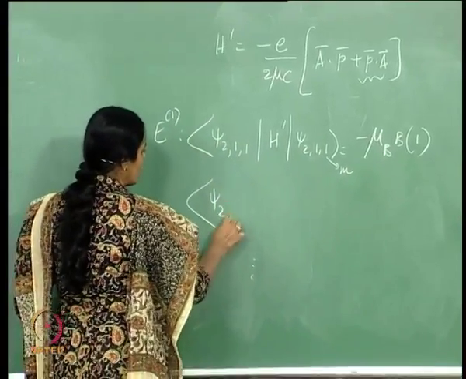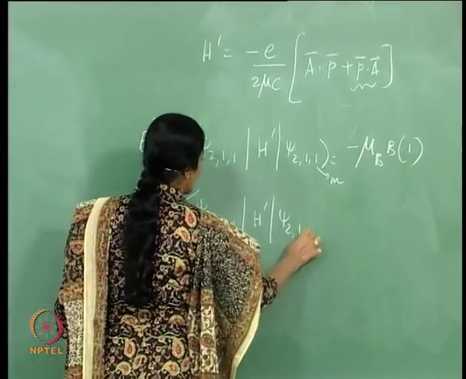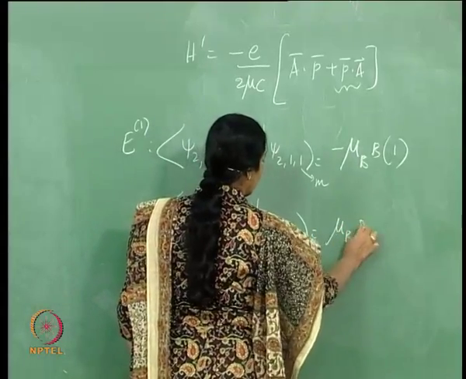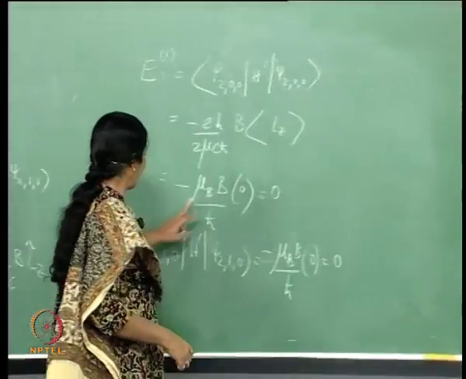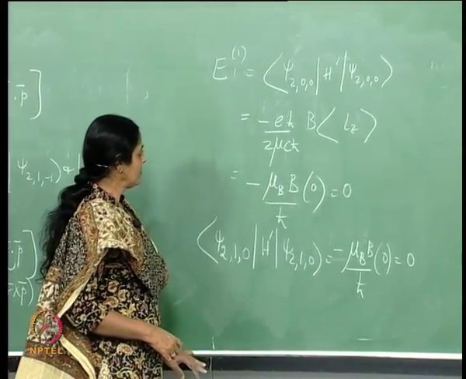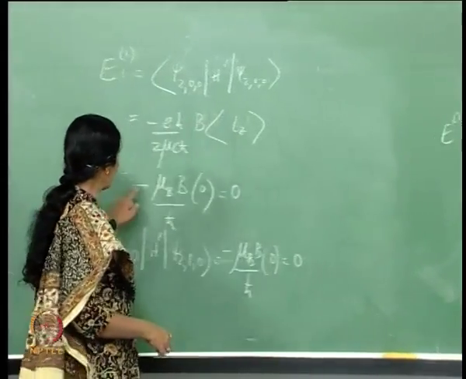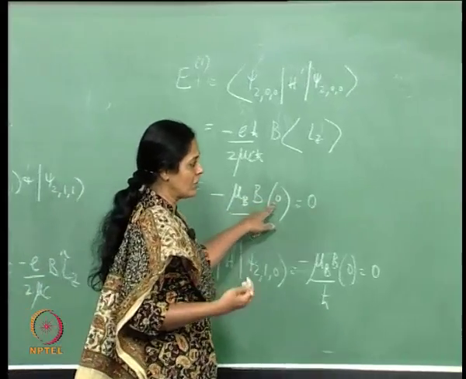And if I look at psi 2 1 minus 1 H prime psi 2 1 minus 1, that is plus mu b B. So this is what I have. Normally I should have written it as minus mu b B m, that is the energy, the first order contribution.